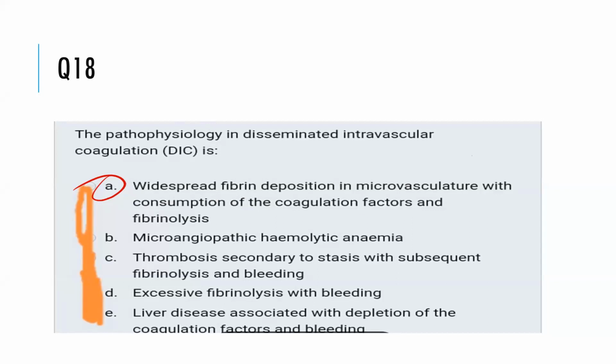So it's actually a very life-threatening condition. There are conditions that predispose one to DIC, for example surgeries and pregnancies. Make sure you look into those and read them in depth.